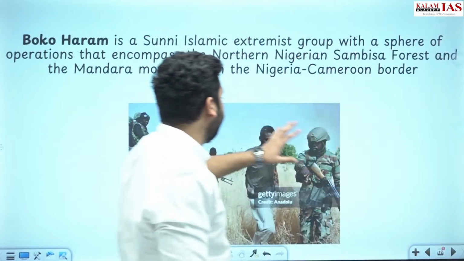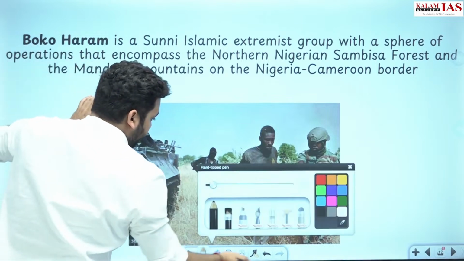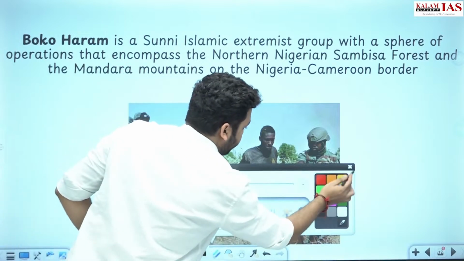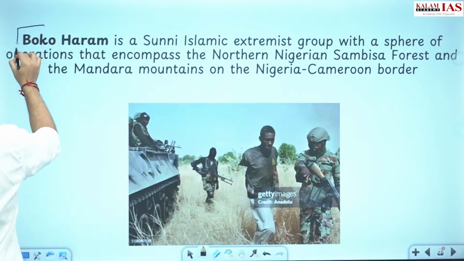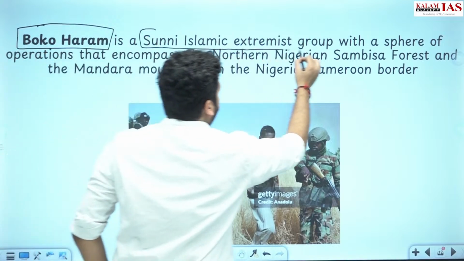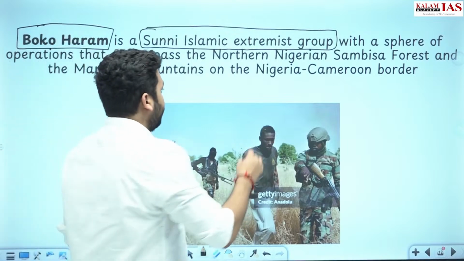We just discussed Nigeria. Boko Haram is a Sunni Islamic extremist group, a terrorist organization which is active in the Nigeria region.